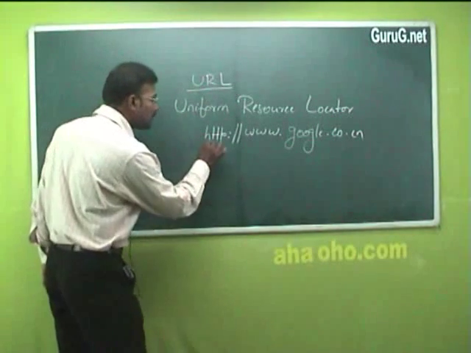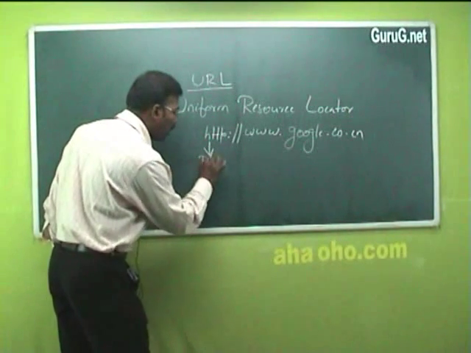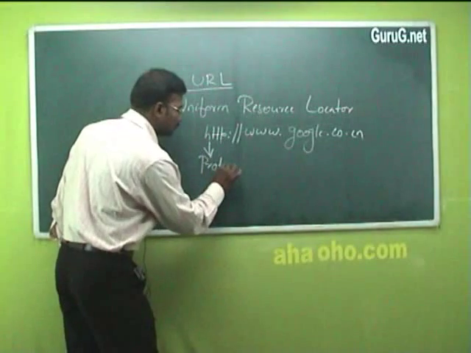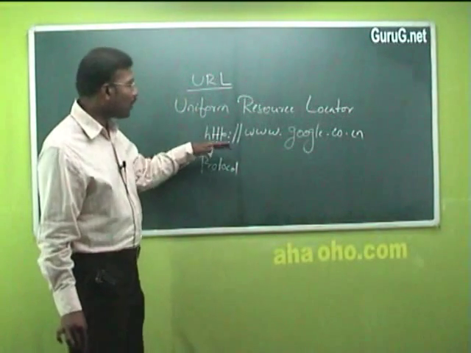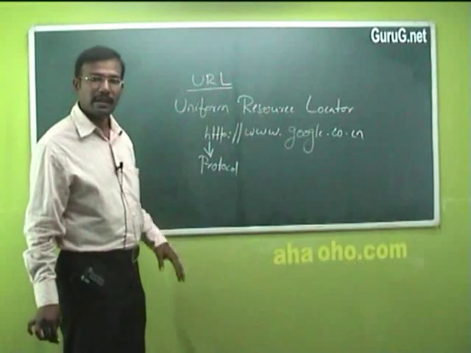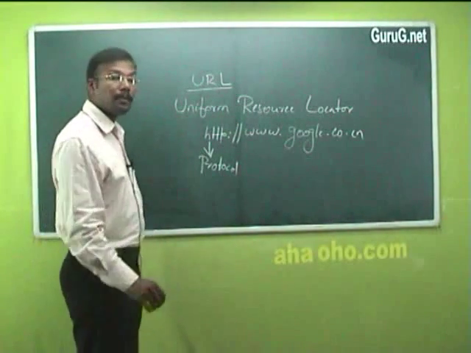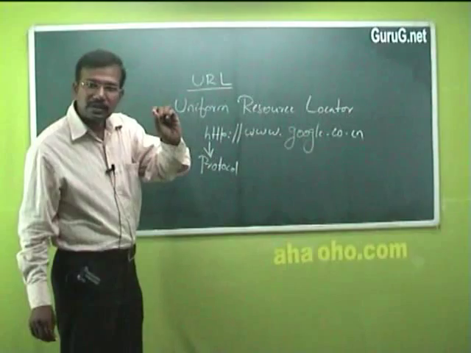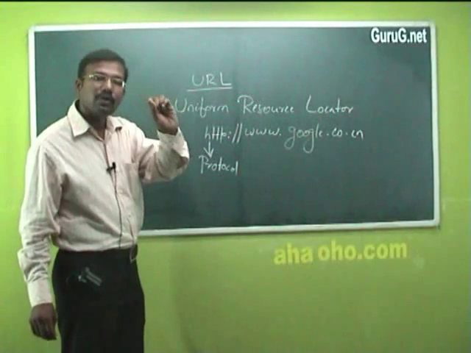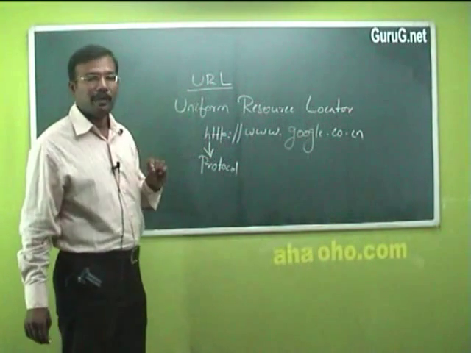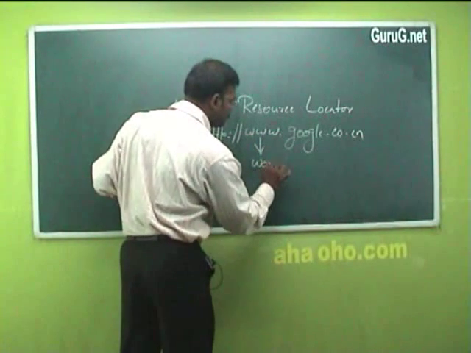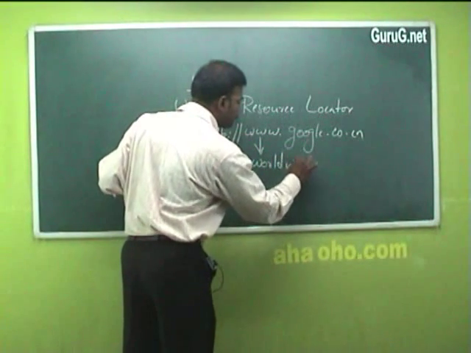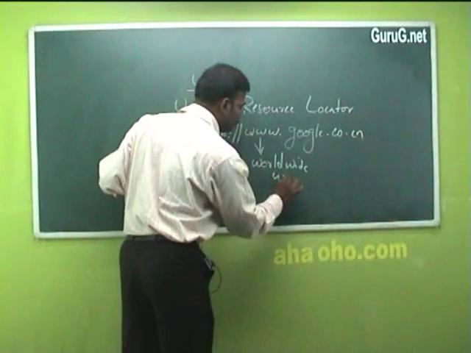Here, HTTP is the protocol which is used for accessing this particular web page. Next, www is a particular service using which you are going to access a web page. The expansion is World Wide Web.